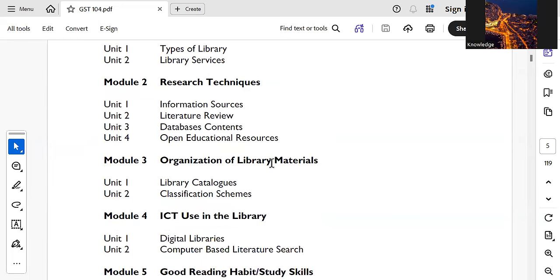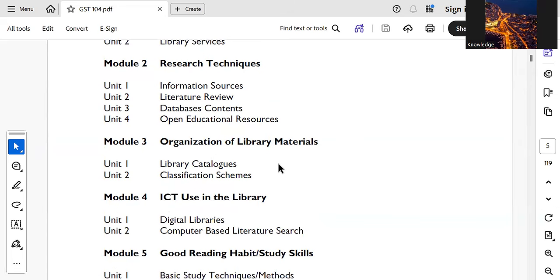Then in Module 3, we'll talk about organization of library materials like the library catalogs and the classification schemes. Those are the major two we'll talk about, under Module 3, that is under organization.